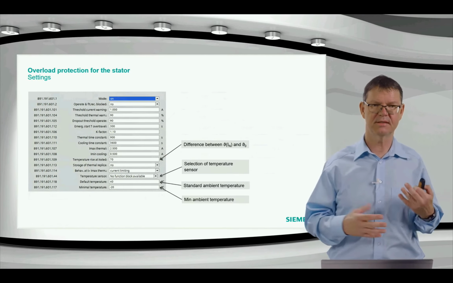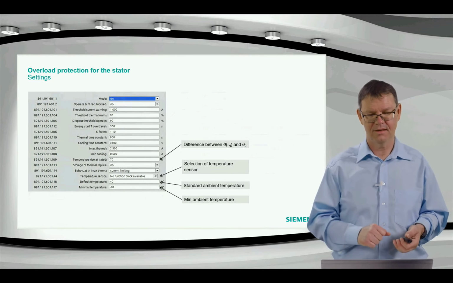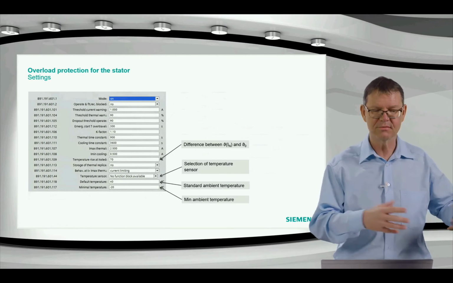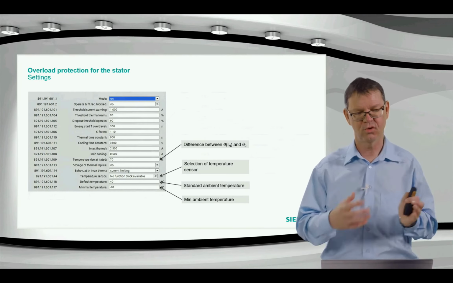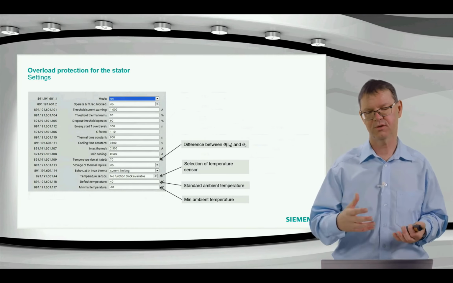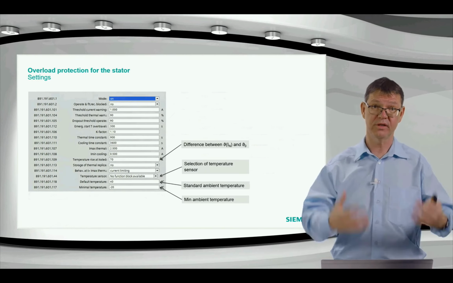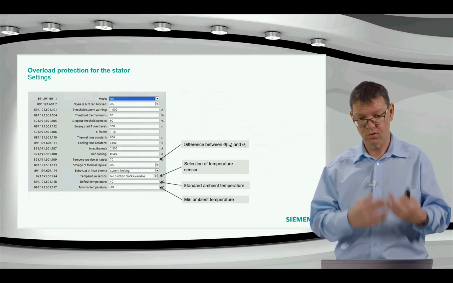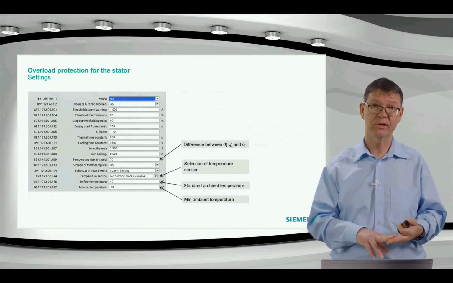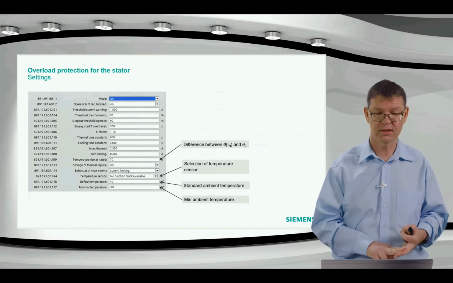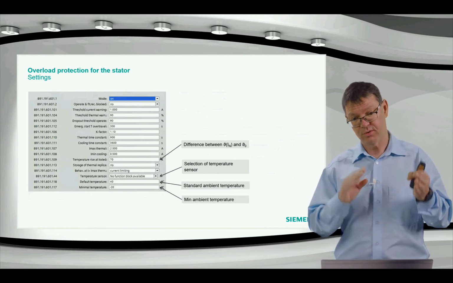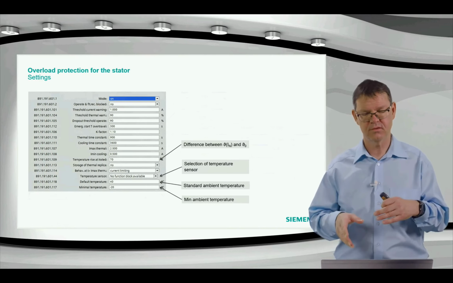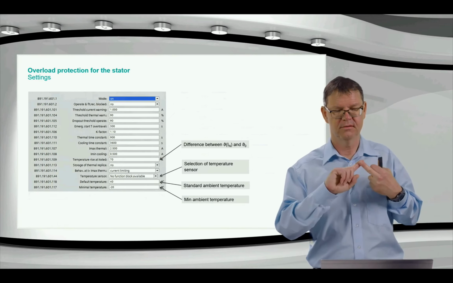And these are basically the settings. I was a little bit in a rush at the end for the, let's say, not core settings of this function, but I think I could bring to you the basic idea for the core function, the thermal model we have, and the overload protection of the stator, which we also use for other means: transformers, cables, and so on.